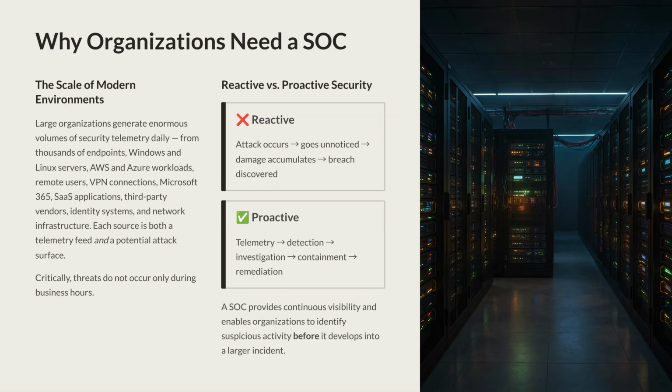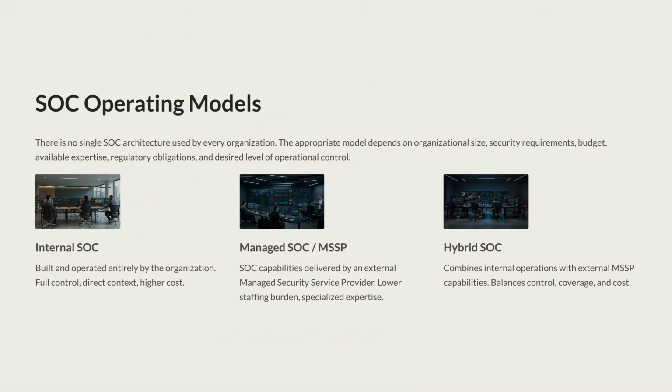A DNS request is something that happens constantly, but now imagine that the same account generates unusual authentication activity, followed by suspicious PowerShell execution on an endpoint, followed by a connection to a newly observed domain. Individually, those events might not tell us much. Correlated together, they create a completely different picture. That ability to build context is one of the most important concepts in security operations.